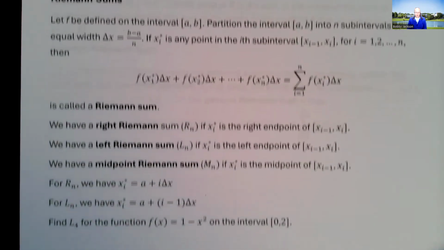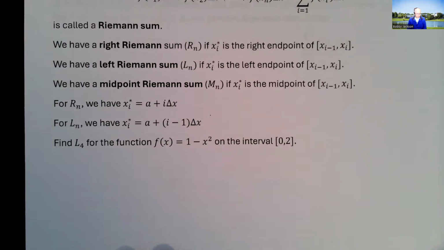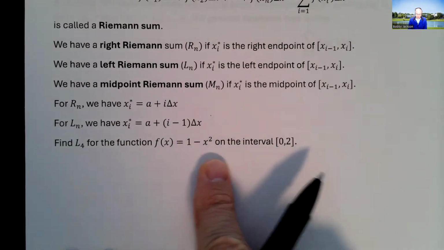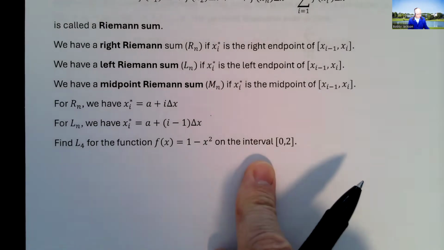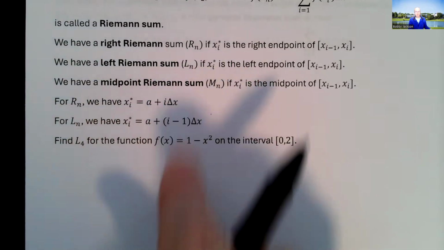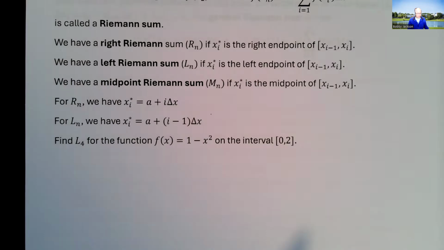Okay, so let's just review first of all, what is L sub 4 for the function f of x equals 1 minus x squared on the interval from 0 to 2. Okay, so I'm going to show you that. Of course, L sub 4 is the left Riemann sum, where n is equal to 4.